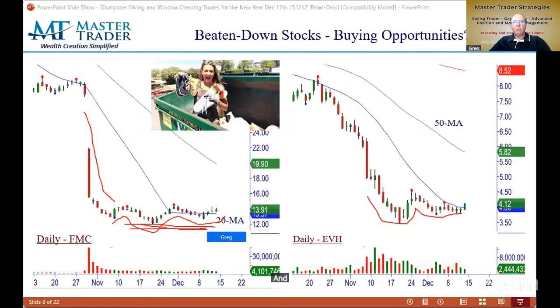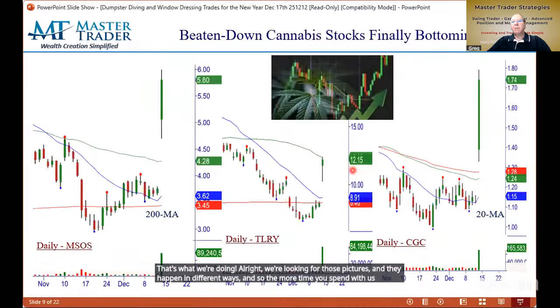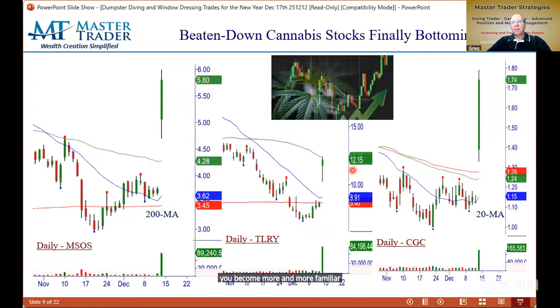This is what we call a correction through time, and that increases the void, which opens up the potential to get down into the dumpster and find the garbage that may float further to the top. That's what we're doing. We're looking for those pictures, and they happen in different ways. The more time you spend with us, either in the green room or through a course, the more familiar you become with the pictures and the more experience you gain as to what to look for.